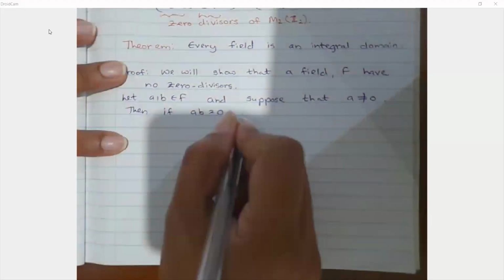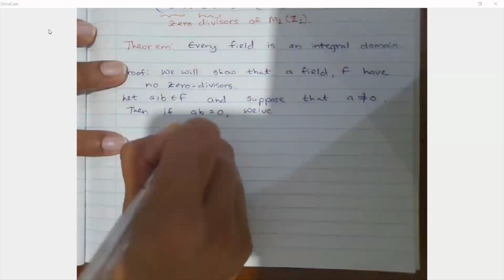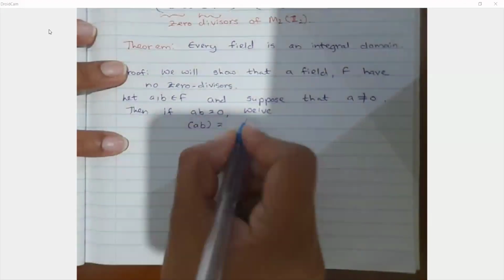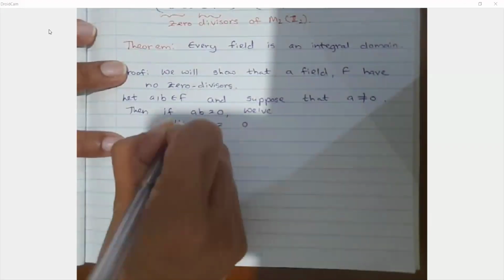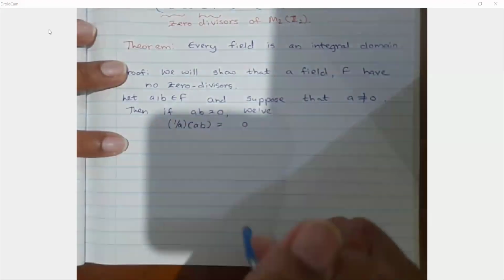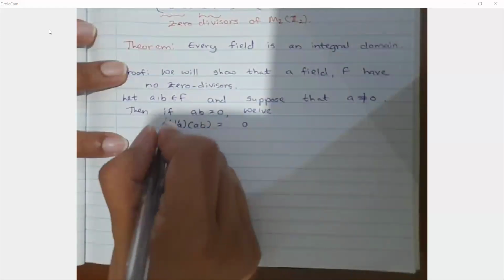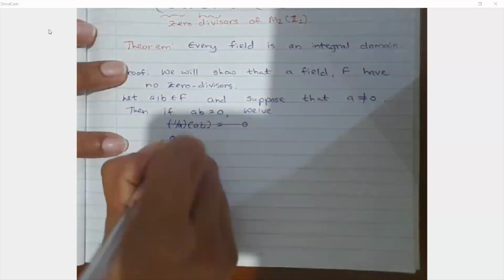Then if AB is equal to 0, what I'm going to do is multiply both sides by the multiplicative inverse of A. I will simply write it as 1 over A, or we can simply go with A inverse.